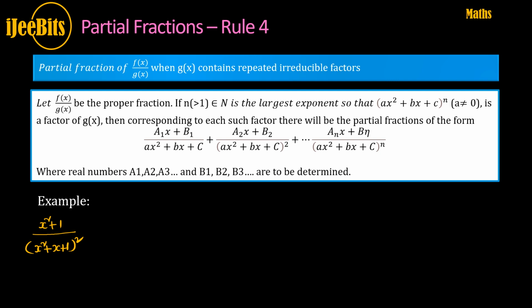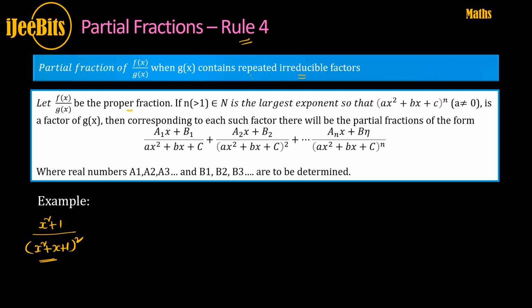Then I can say straight away this is rule number 4, because this is (x square) power 2, like x to the power 4. Numerator degree is lesser than the denominator degree, and hence this is a proper fraction. Now this is an irreducible factor, and we have a square, so it is repeated irreducible in g of x for the given proper fraction. Then obviously you have to use rule number 4.